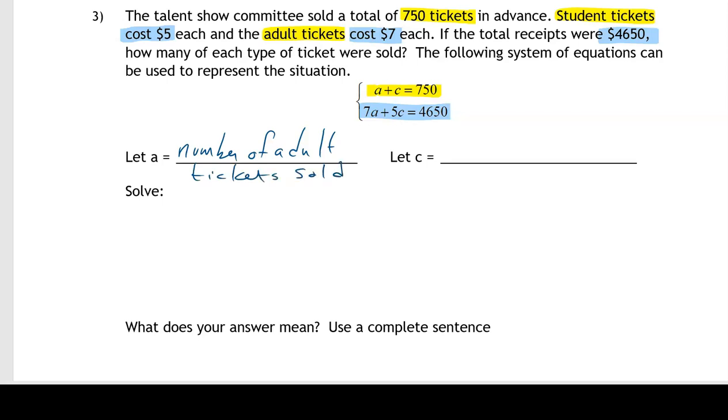And then we have C, and that went with the $5, so the $5 went with the student tickets. Now they didn't use S here, and we usually try not to use S in equations because it can look like a 5, especially since it's going to be next to a 5. So that C actually stands for our student tickets. So number of student tickets sold.